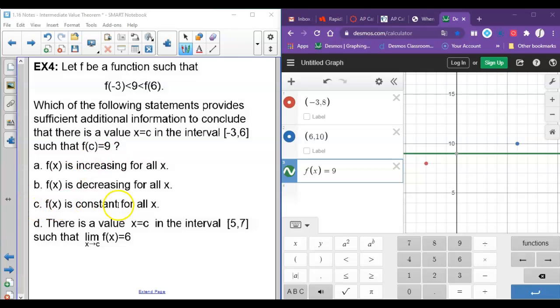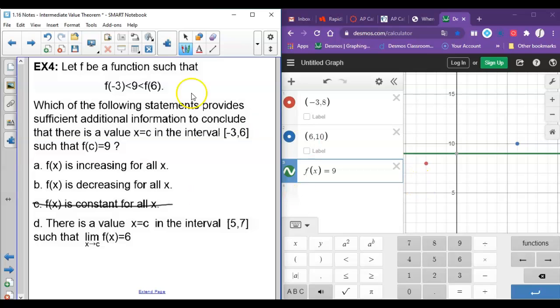C says that f of x is constant. Constant means that it does not change. It means it's a horizontal line. Well, if that's the case, then we can't have an f of negative 3 value less than the f of 6 value. So this has to be thrown out. For B, f of x is decreasing for all x.